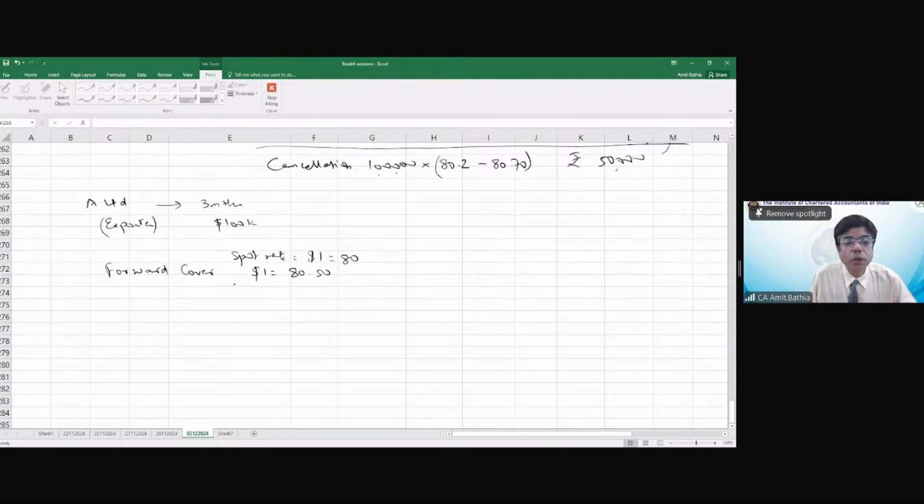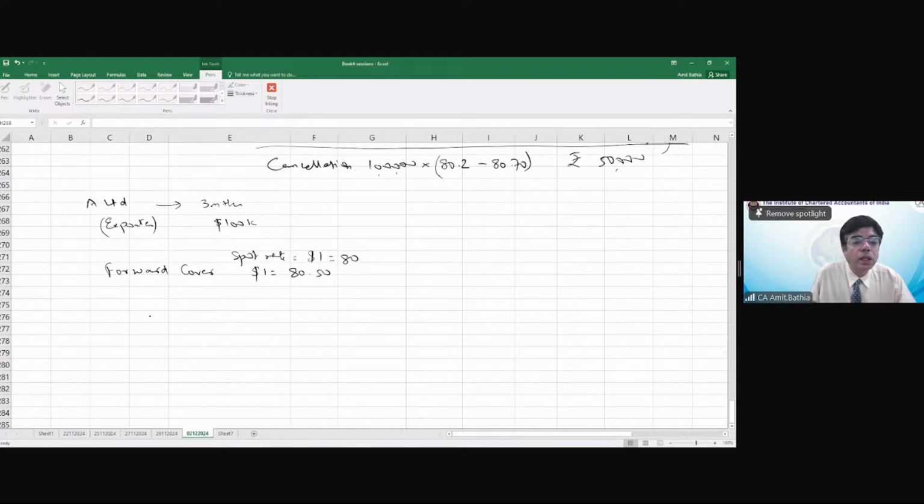So at the spot rate, which is 80, forward cover is available at $1 is equal to 80.50. In other words, you can see there is already an embedded premium of 50 paise per dollar, right?